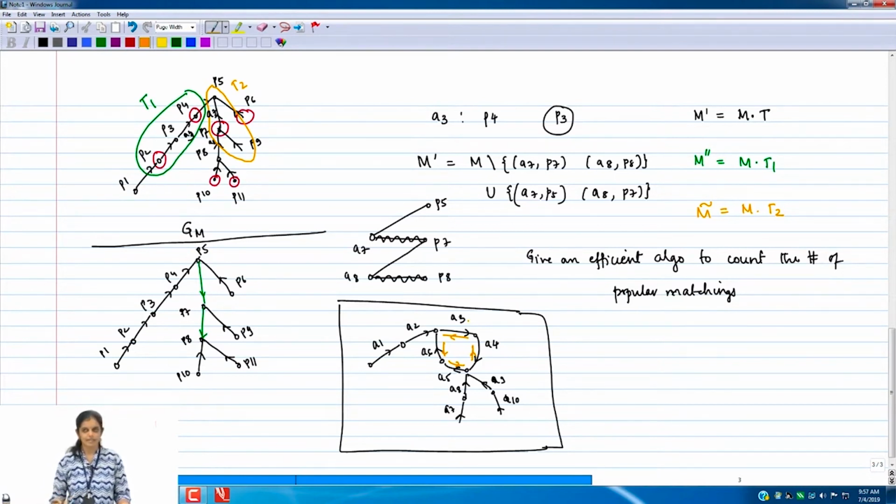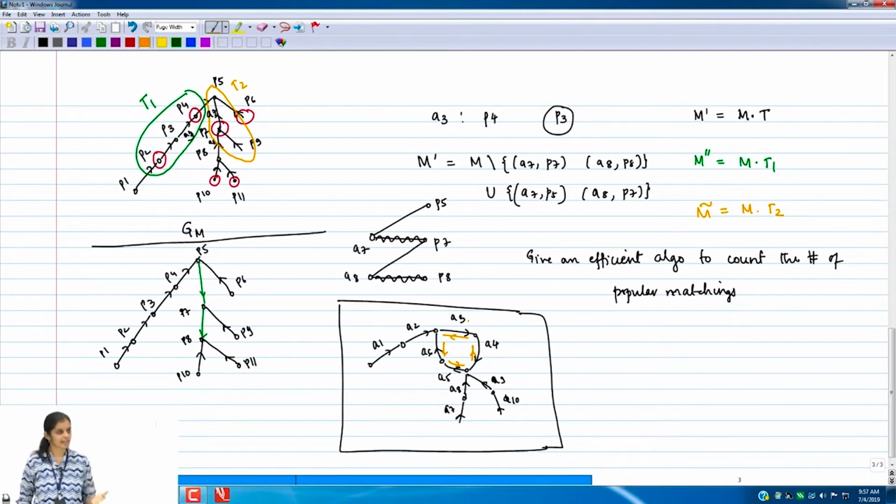So in some popular matchings it gets matched to its F post, some to its S post, and so on. This is true for everybody in the cycle. What about A1? Do I have such a flexibility for A1? No, right? Because if you try to switch it, there is nowhere you can switch it. So A1, A2, A7, A8, A9, A10 are all applicants which can never be switched from their current partners.